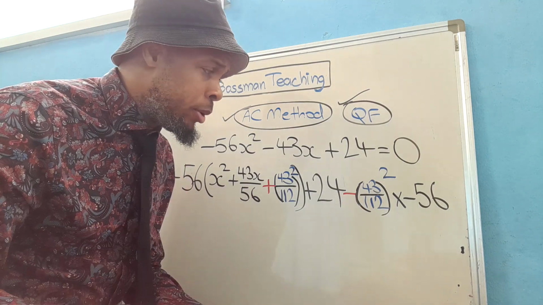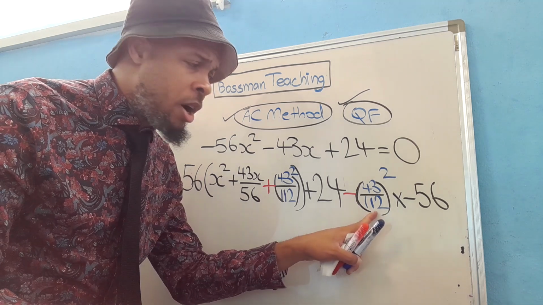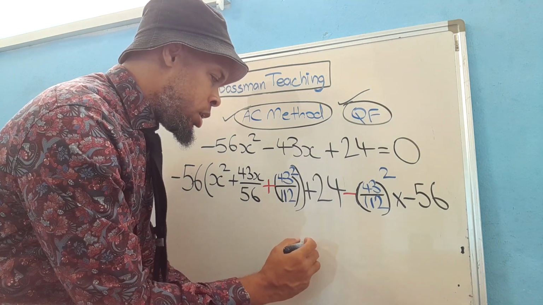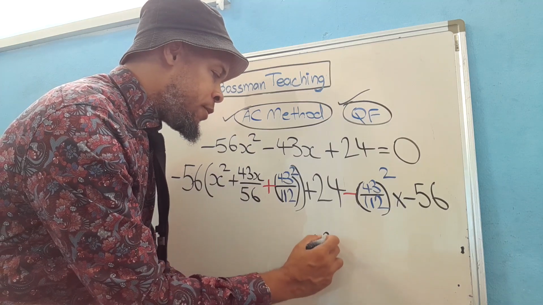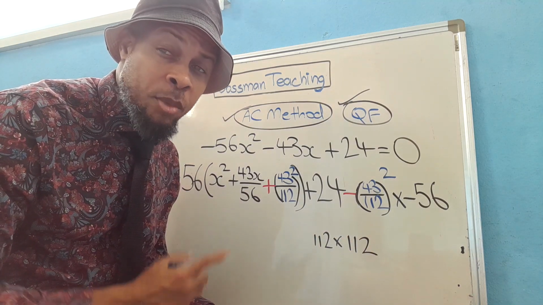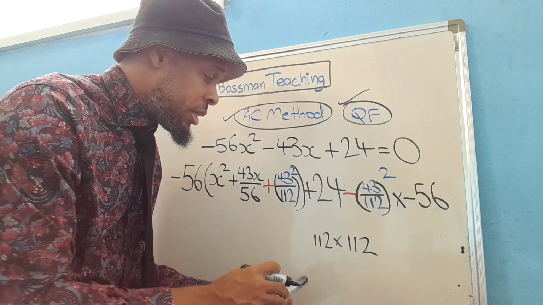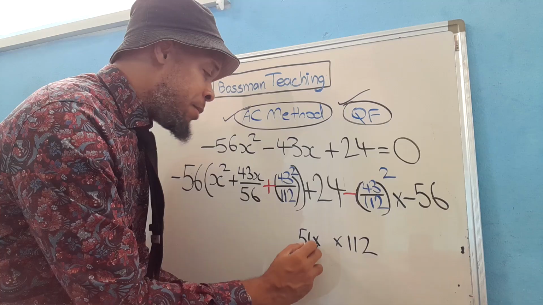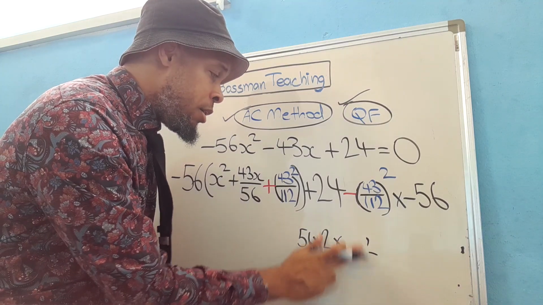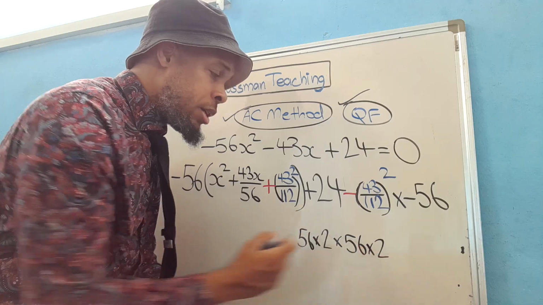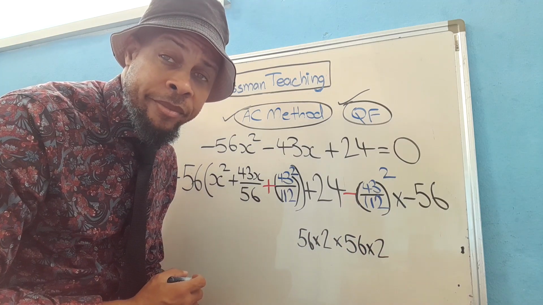Now, make your life simple. When you square 112, it's like you're saying you multiply 112 by 112. But remember, 112 is what? 56 times 2 and another 56 times 2.